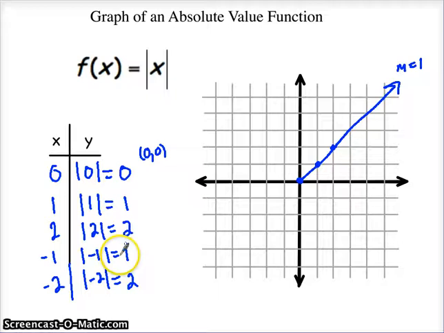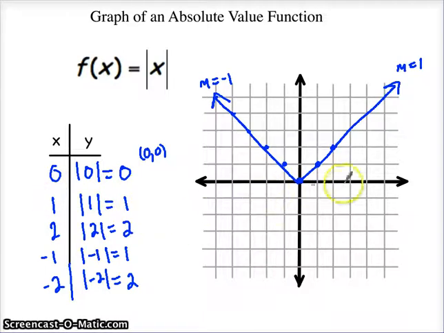So -1 being 1 unit from 0, technically we input -1 onto the x-axis, but we output +1. So we're no longer going to follow that nice diagonal line. We're actually going to get a different diagonal line traveling up and to the left from that origin in the center, with a slope of -1 technically. So we get that nice V shape, and that's the shape of an absolute value function.